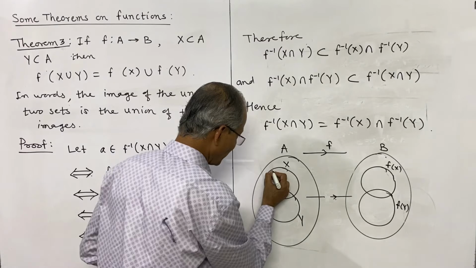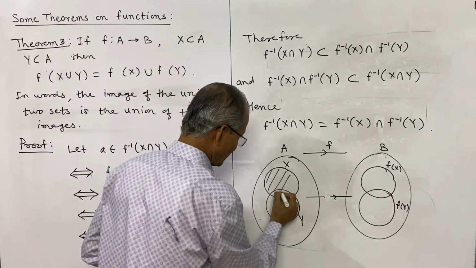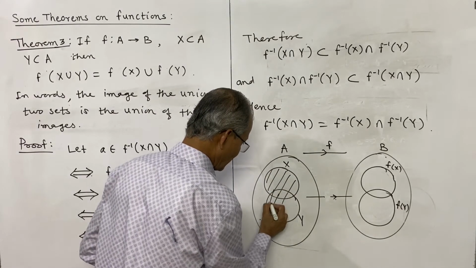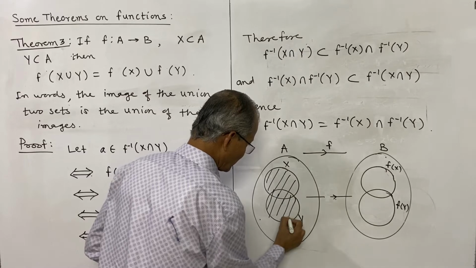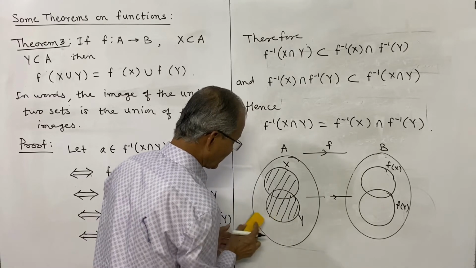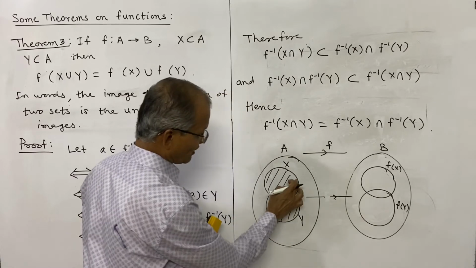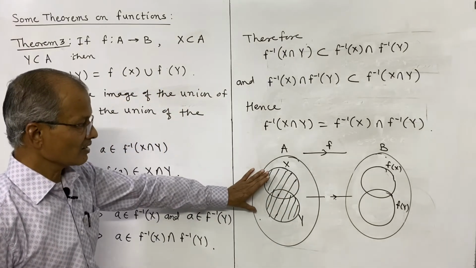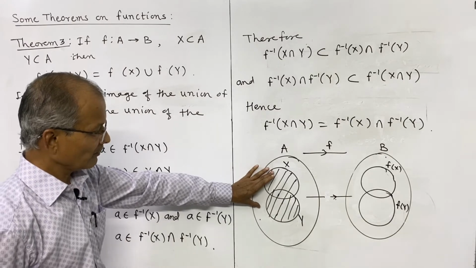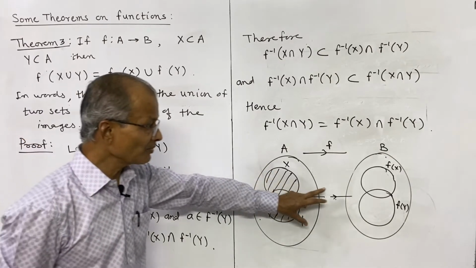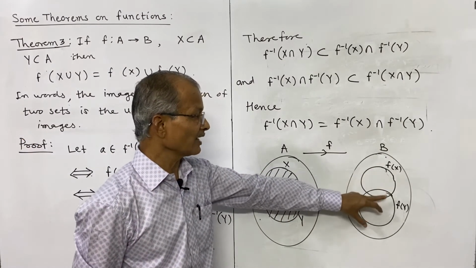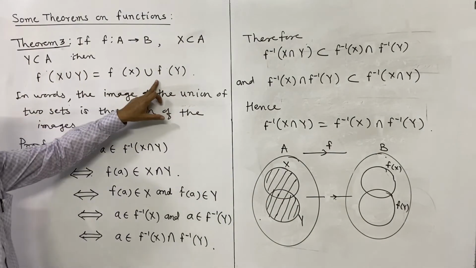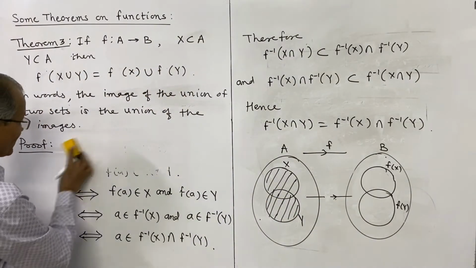So this is the union of x and y, the region in both the sets. And the f image of this union is mapped to the union of f of x and f of y. So this is the meaning of the theorem.